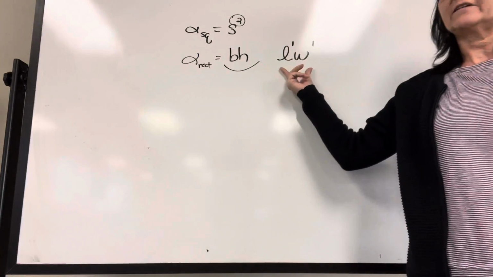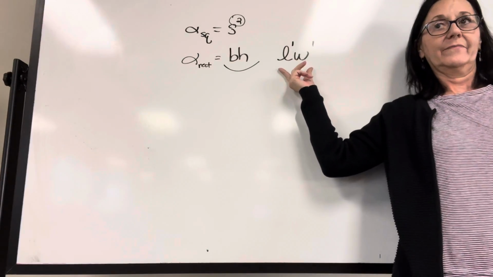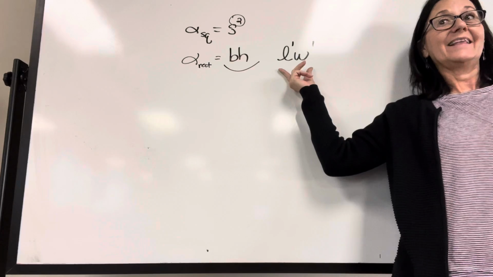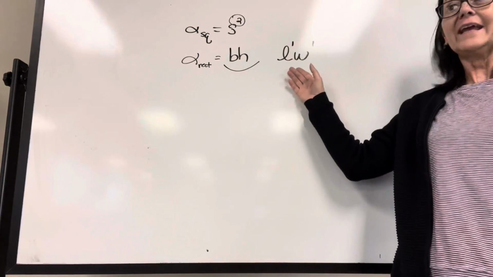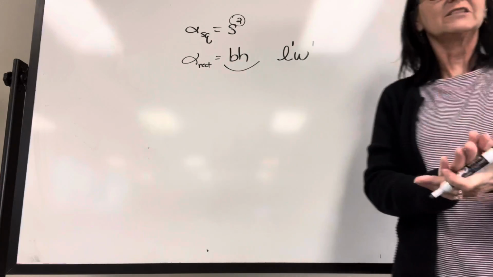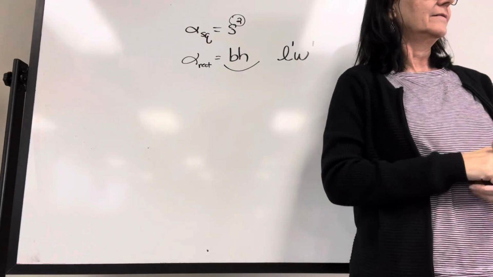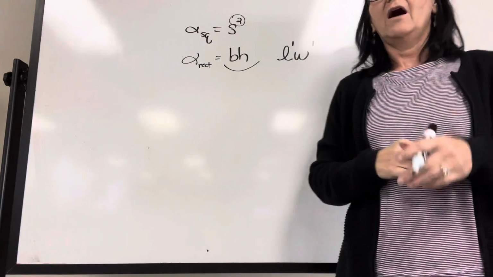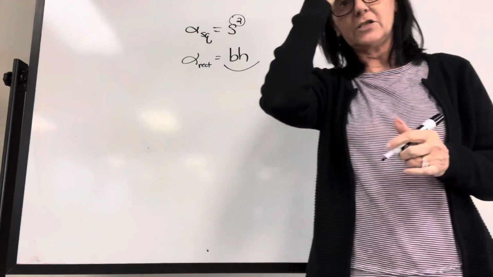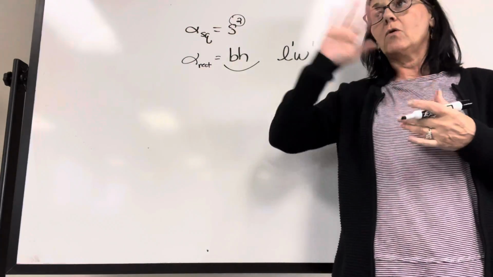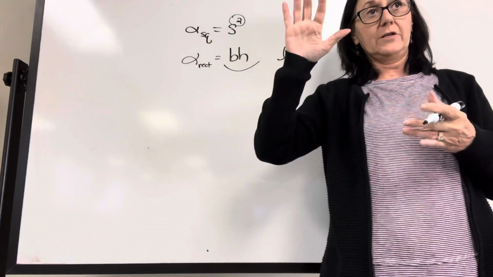So what's the degree of that term? If you add the exponents? Two. So the degree of the term tells us it's going to be area. That's so important, especially when we get to some more area equations.